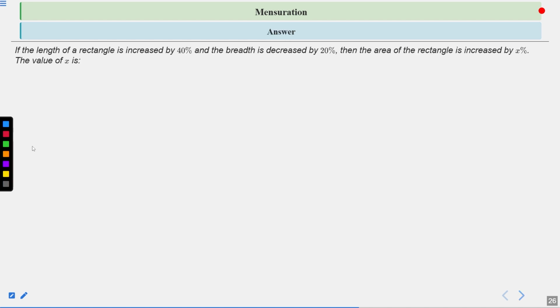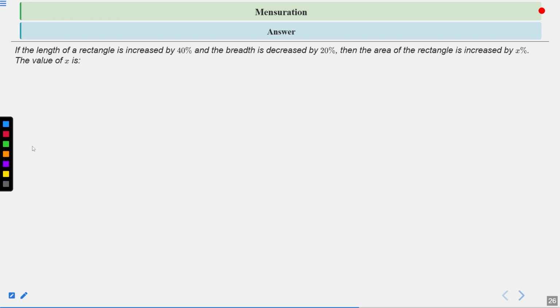The question says that if the length of a rectangle is increased by 40% and breadth is decreased by 20%, we need to calculate by what percent the area of the rectangle is increased, and what is the value of x. We can say that if the length is 10 centimeter, it is increased by 40%, so it will become 14.